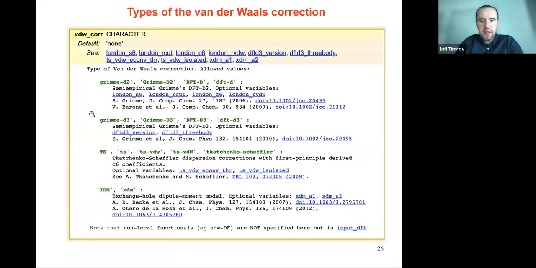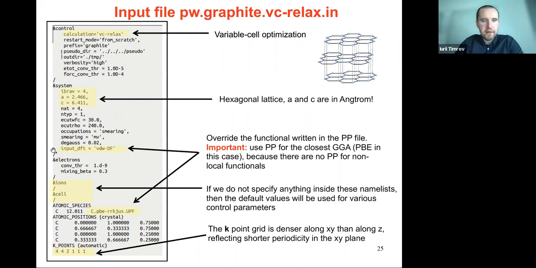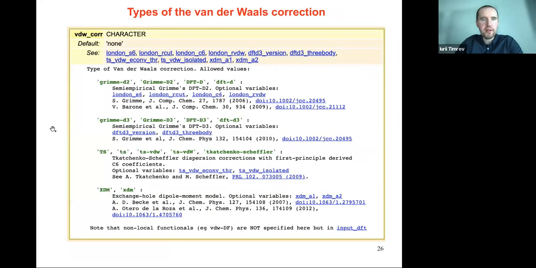In the previous slide, I showed that we can activate van der Waals correction with the input_DFT keyword, but you can also do that using a different keyword, vdw_corr. And there are different types, like Grimme-D2. There are several ways you can specify it.